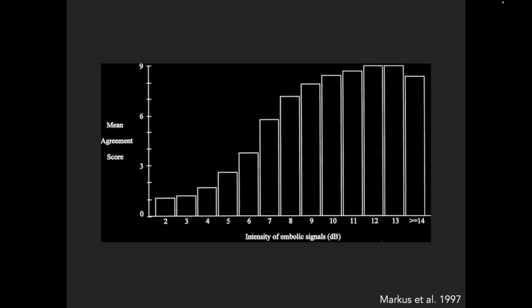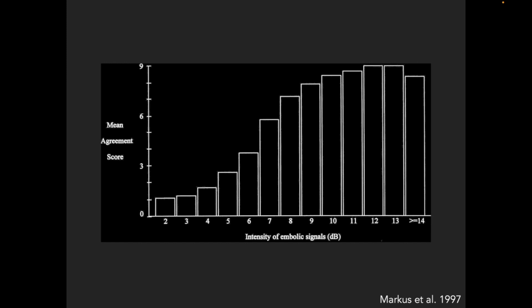One of the reasons why it makes sense to know the dB value of a microembolic signal is the reliability with which it can be detected. The results of this study showed that from 9 dB on, the inter-observer agreement was very high.